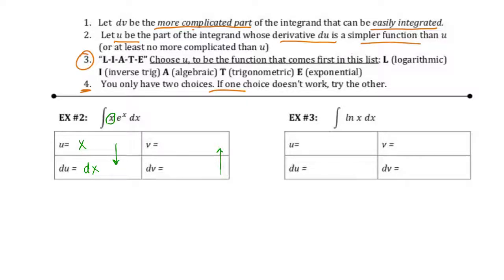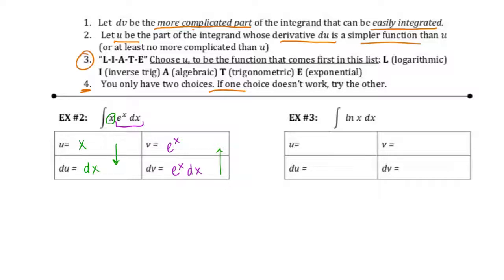So if I let that u part be x, then I'm going to swap over and let the other part, which is going to be this e to the x dx, be our dv. And now we need to integrate. We're moving up this chain, and if I integrate e to the x dx, I get e to the x. So it looks like this might work out.